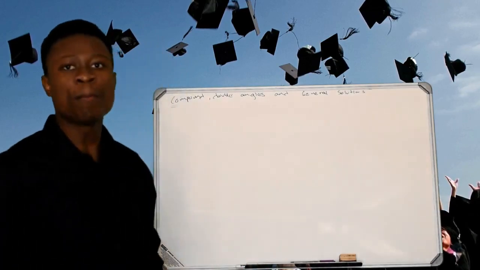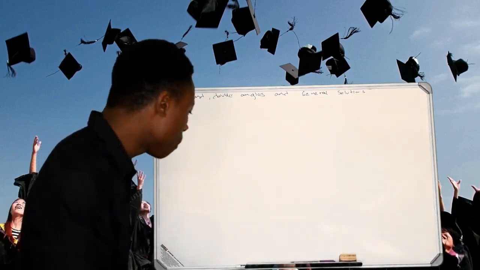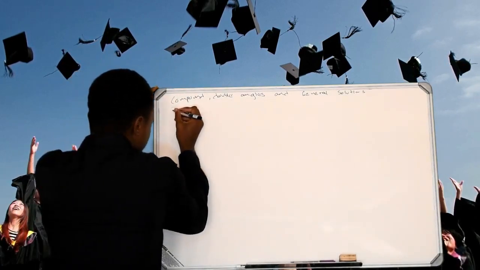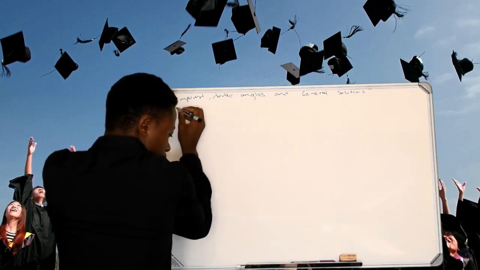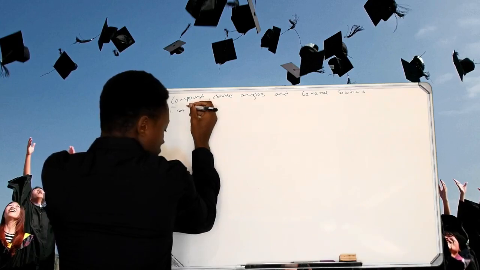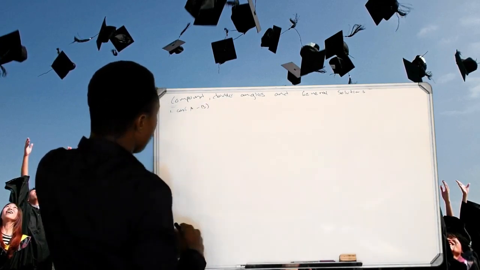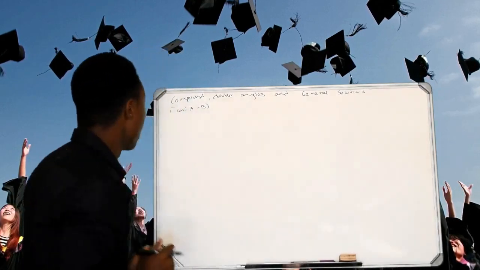So what are compound angles? Compound angles, there are 4 of them, and this is what they look like. It says cos A minus B. What does cos A minus B equal in a compound angle?